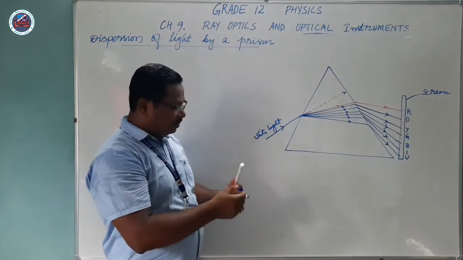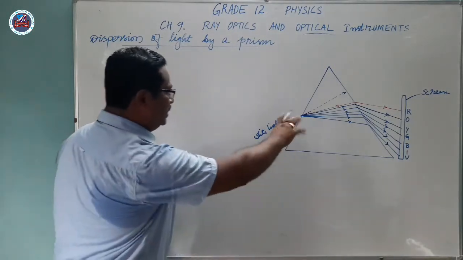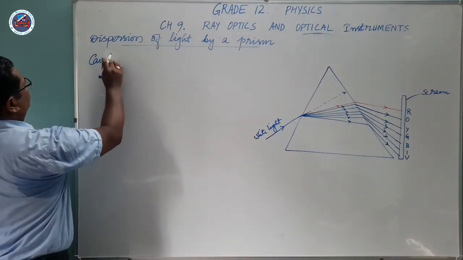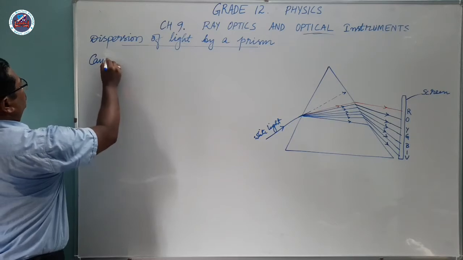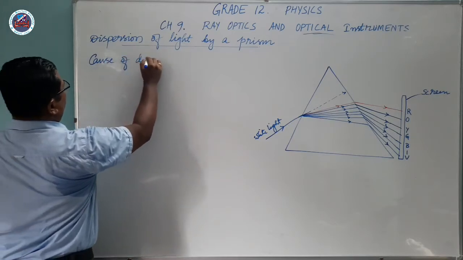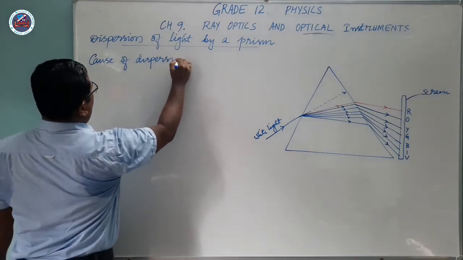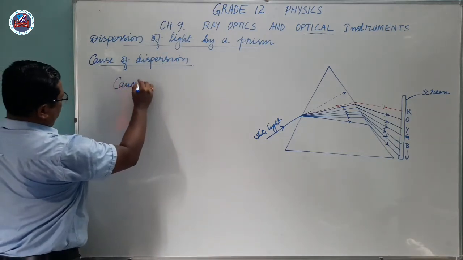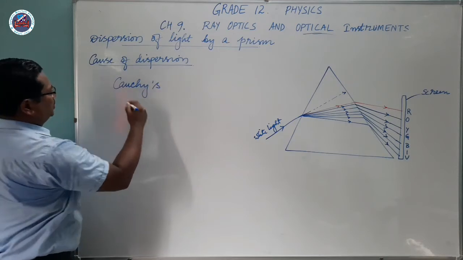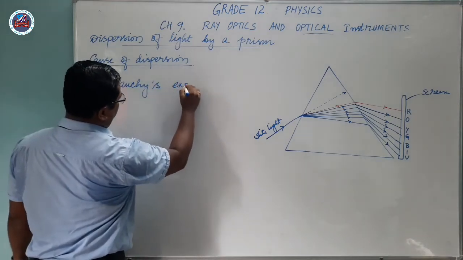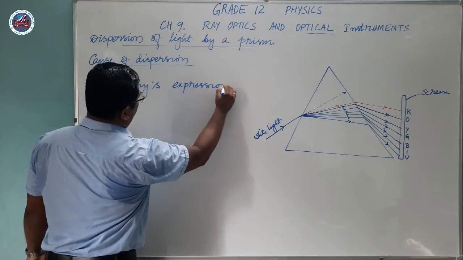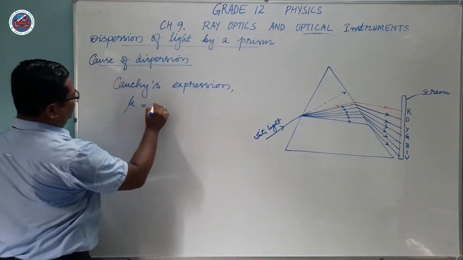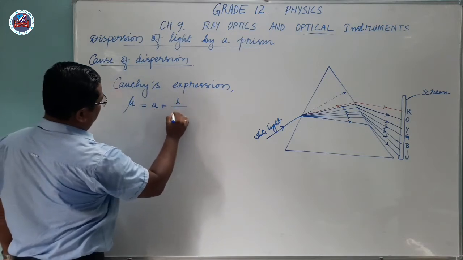Now let us see the cause of dispersion. Why are they dispersing? To understand the cause of dispersion, let us take Cauchy's expression. He gave us the relation between the refractive index and the wavelength.